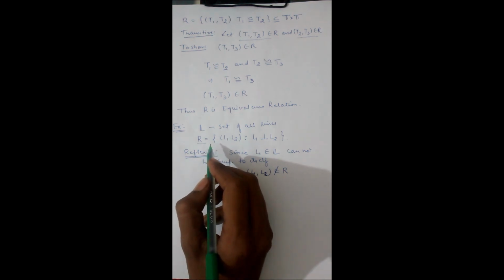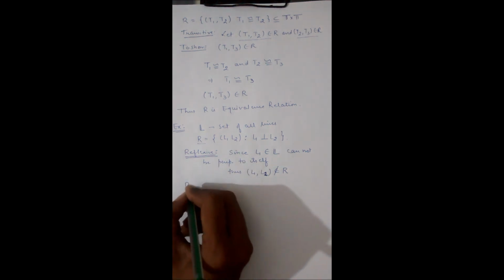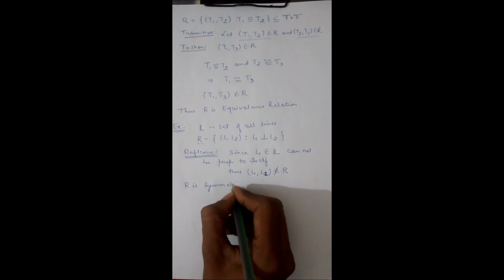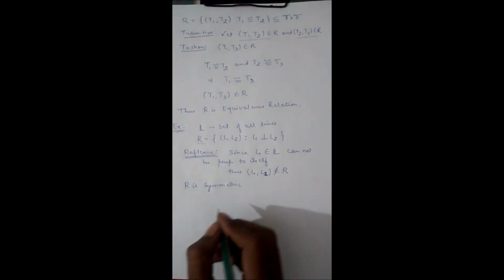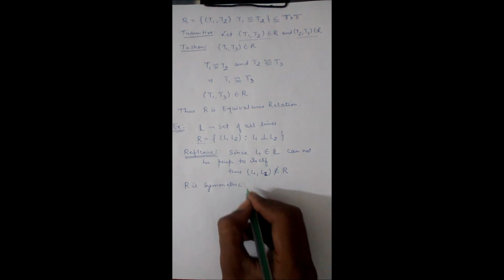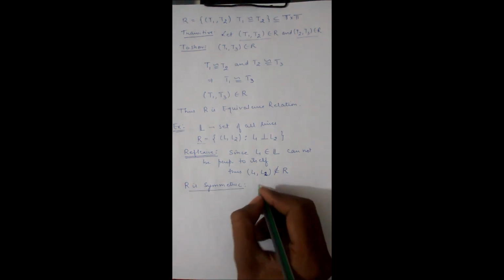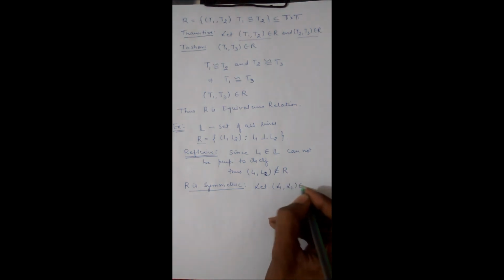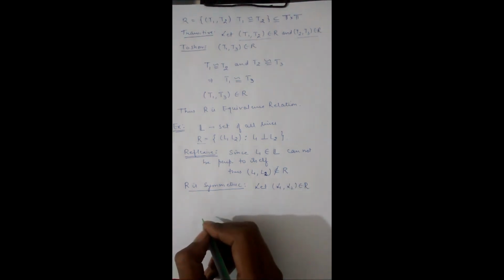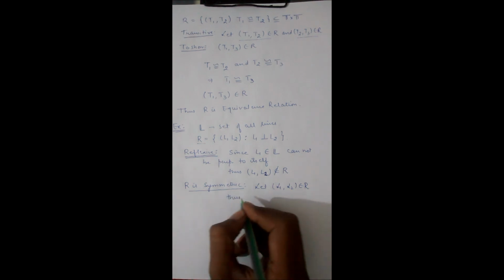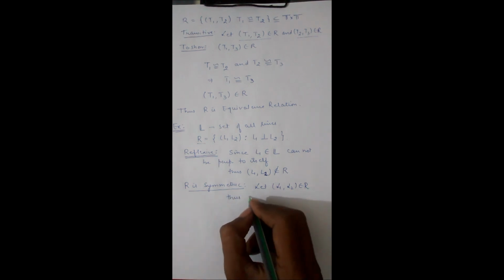But we can show that R is symmetric. For symmetric, we need to choose an ordered pair in R. So let (L1, L2) belong to R. Thus, the condition to be in R is what?